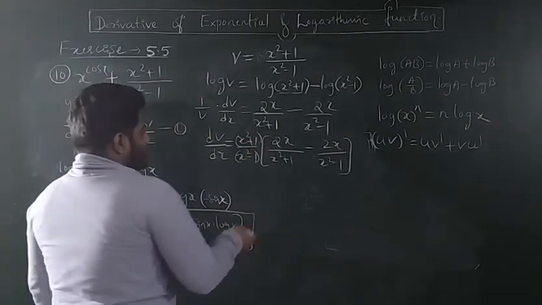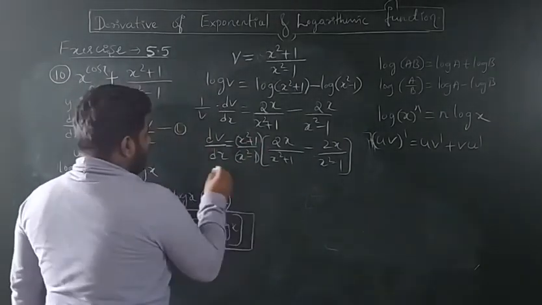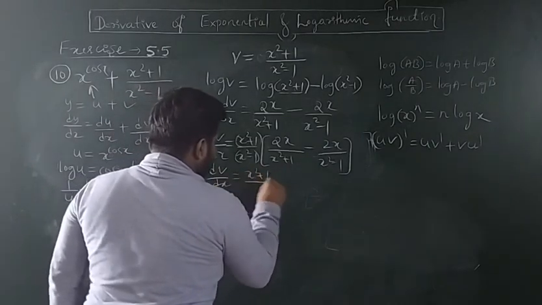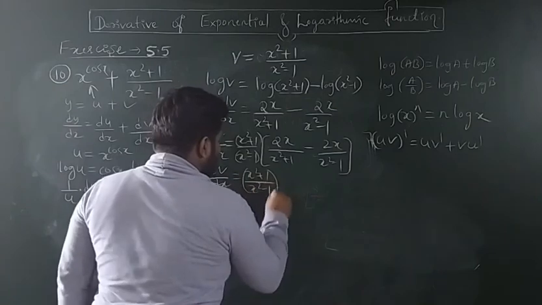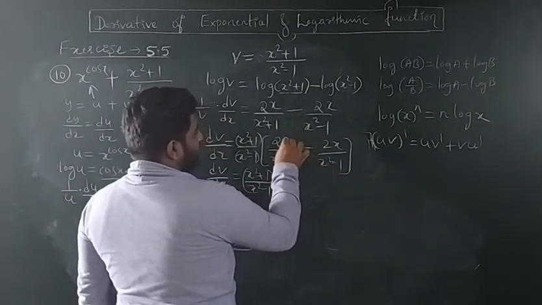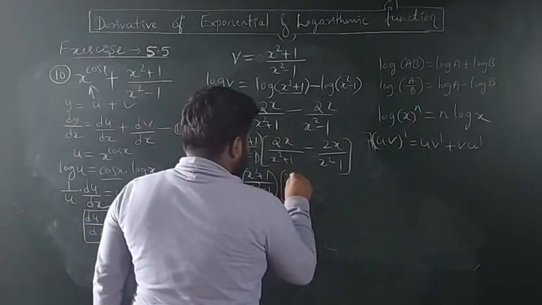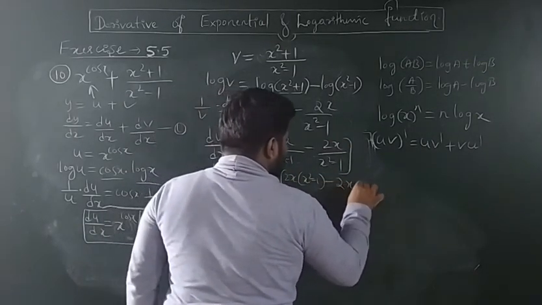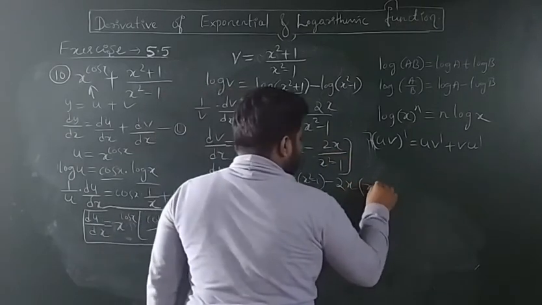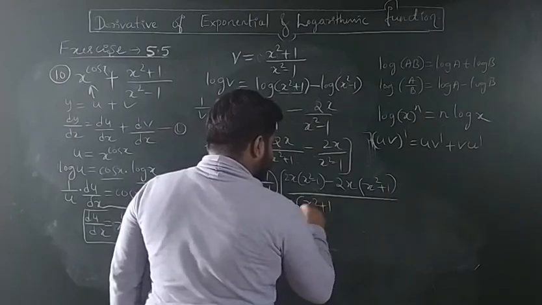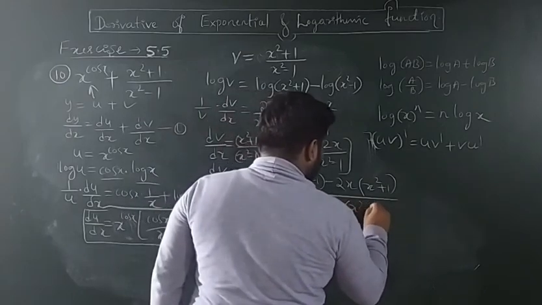Right. So next, by simplifying you can write dv by dx equal to x square plus 1 divided by x square minus 1, and here you can take an LCM. This is multiplied here, this is multiplied here: 2x into x square minus 1 minus 2x into x square plus 1, whole divided by x square plus 1 and x square minus 1.